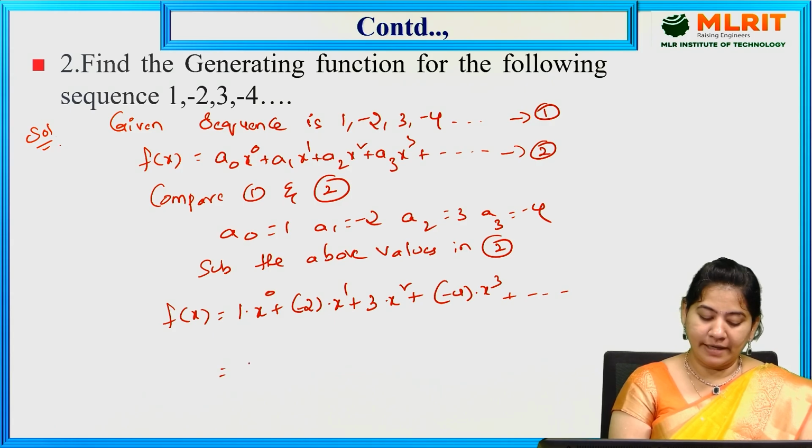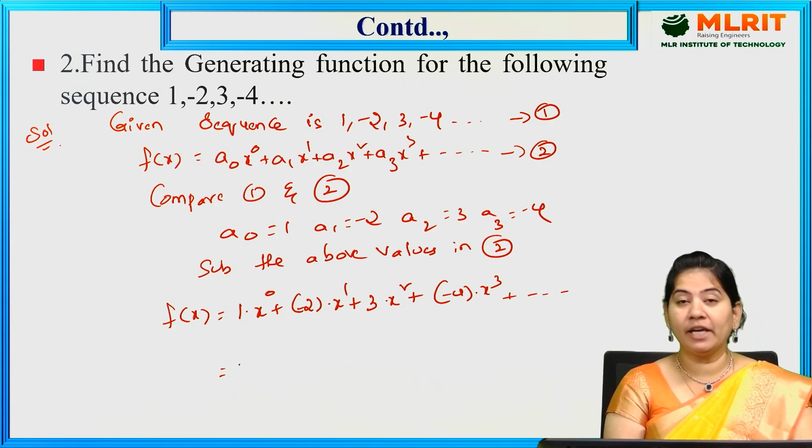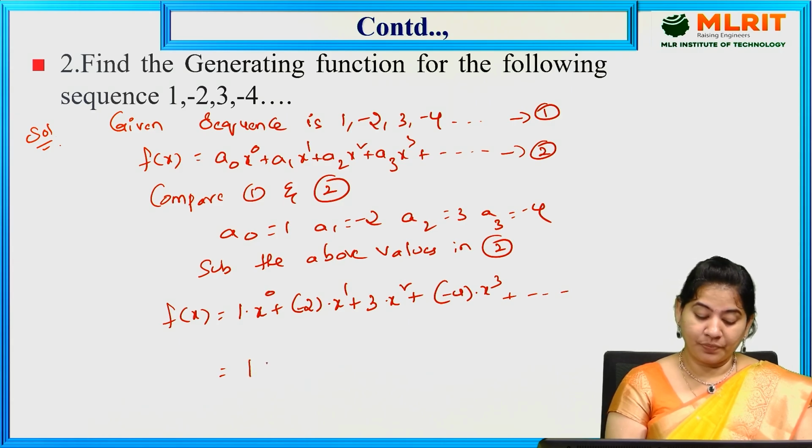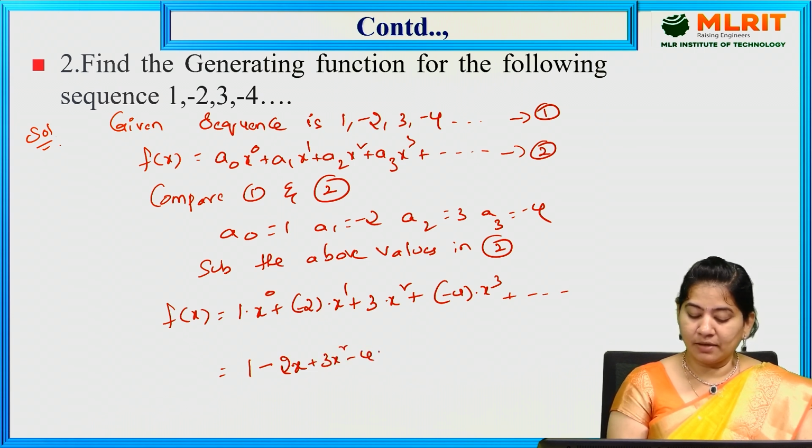So now you will get here x power 0 is 1, so you will get 1 into 1 is 1 only. Now minus 2 into x, which is nothing but minus 2x plus 3x square minus 4x cube, and so on.